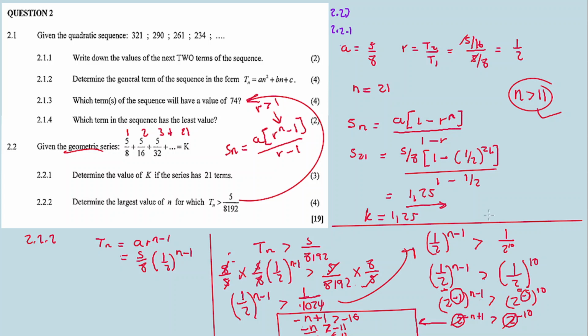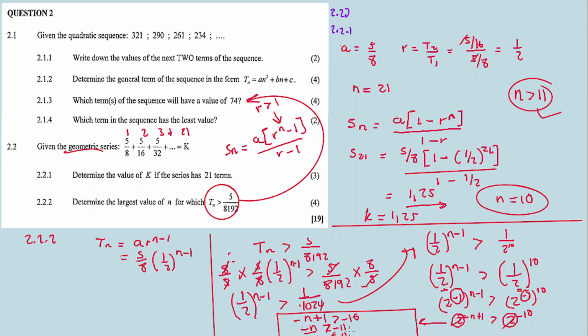So our answer is n equal to 10. This is our final answer. The largest value of n for which this is true is in fact n equal to 10. Our answer is n equal to 10 because it's the next number closer to 11.